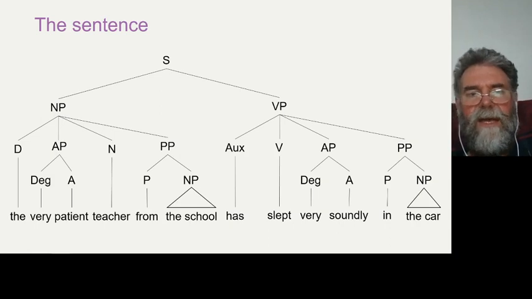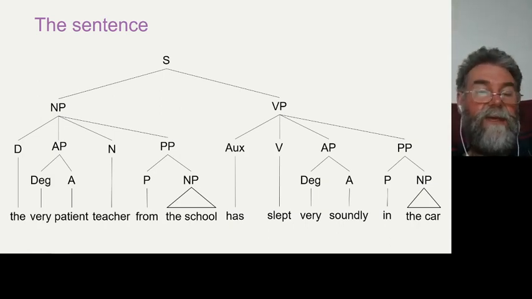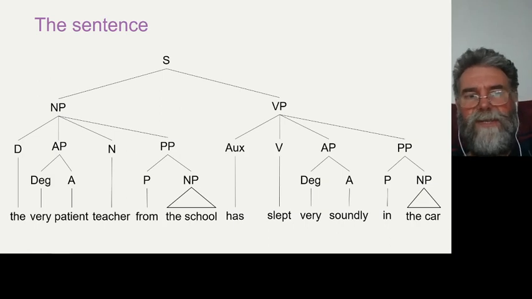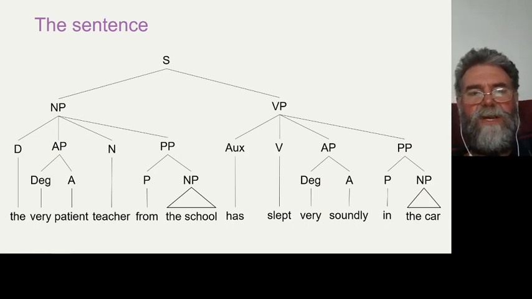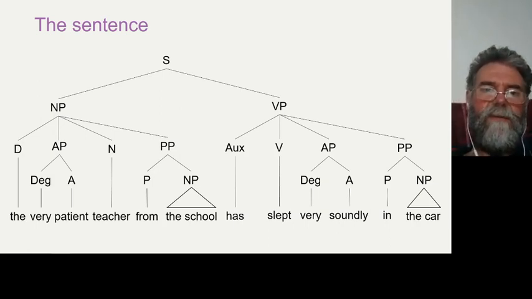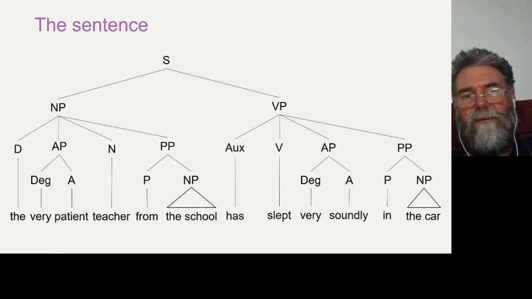But even that, again, we can see is fairly straightforwardly represented here. The NP has got a determiner followed by an AP, followed by a noun, followed by a preposition phrase. And the AP itself breaks up into a degree adverb plus an adjective, and the preposition phrase breaks up into a preposition followed by a noun phrase.